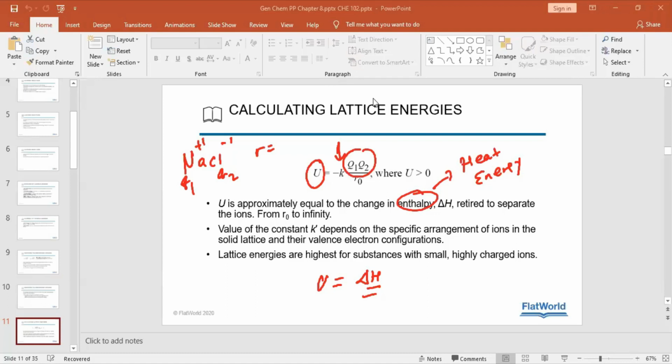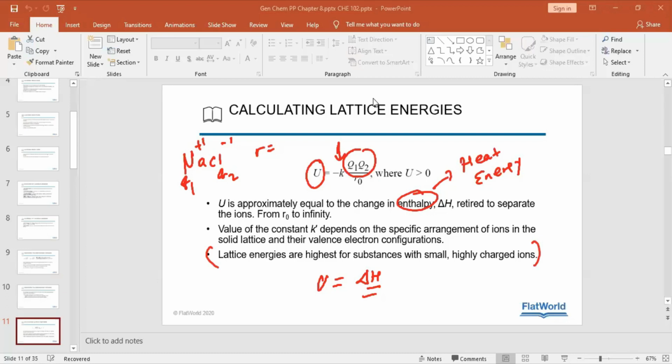So if the charges of the ions are higher, the lattice energy would be higher. If the distance between the two is longer, the lattice energy would be lower. This is the point they would like to explain to us. The lattice energies are highest for substances with small, highly charged ions.